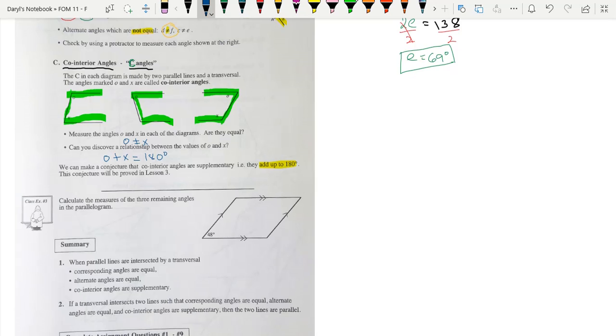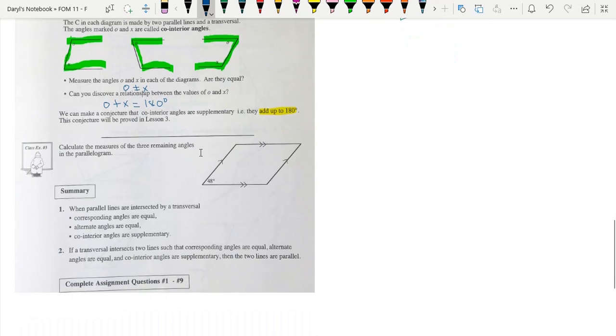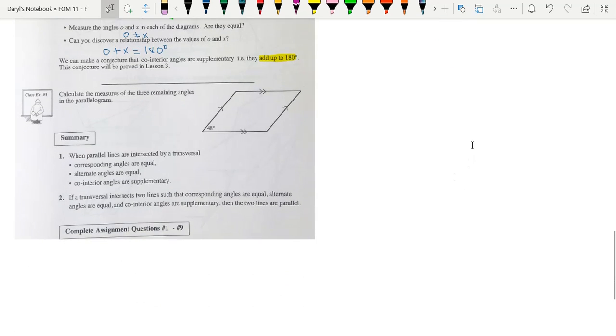So let's take the third example here. Calculate the measures of the remaining angles of this parallelogram. If you can see, you have two arrows.